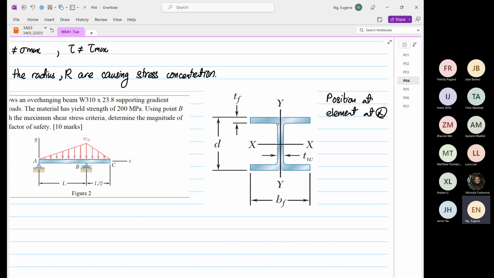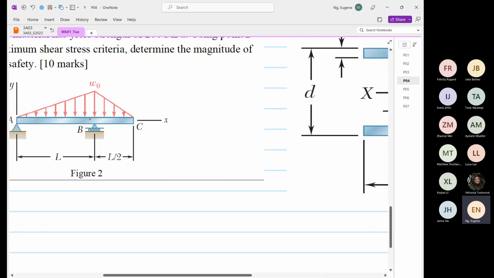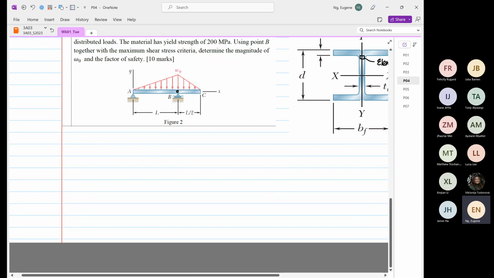So we're going to put an element down here. This is our element alpha, placed down here. Now I'm going to blow up the view of element alpha.